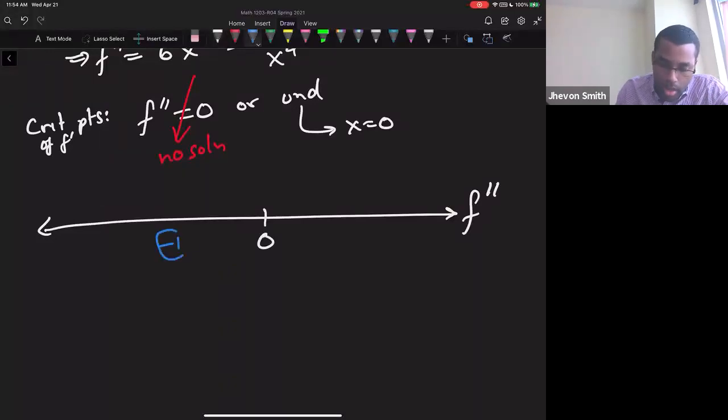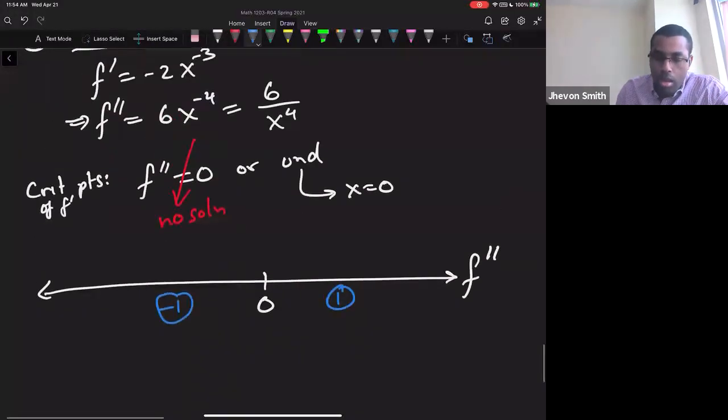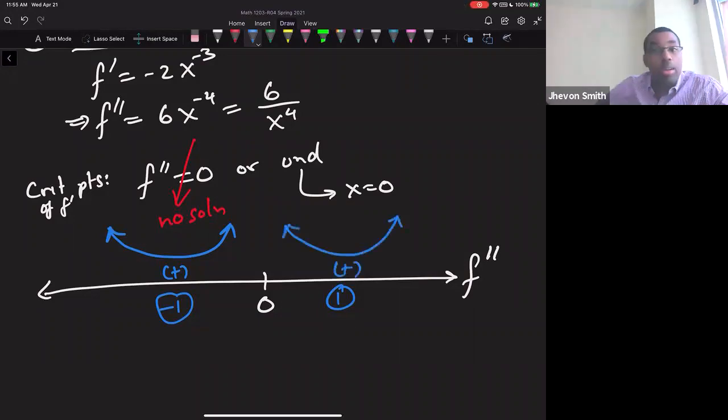Plug in a random number to the left and to the right into 6 over x to the 4th. Now 6 is positive and x to the 4th is always positive. So as long as x is not 0, this will always give you a positive result. So it's going to be positive here. Positive in the second derivative means concave up, like a cup. You're shaped like a smiley face. You'll be positive here, which again, concave up, like a cup, shaped like a smiley face.